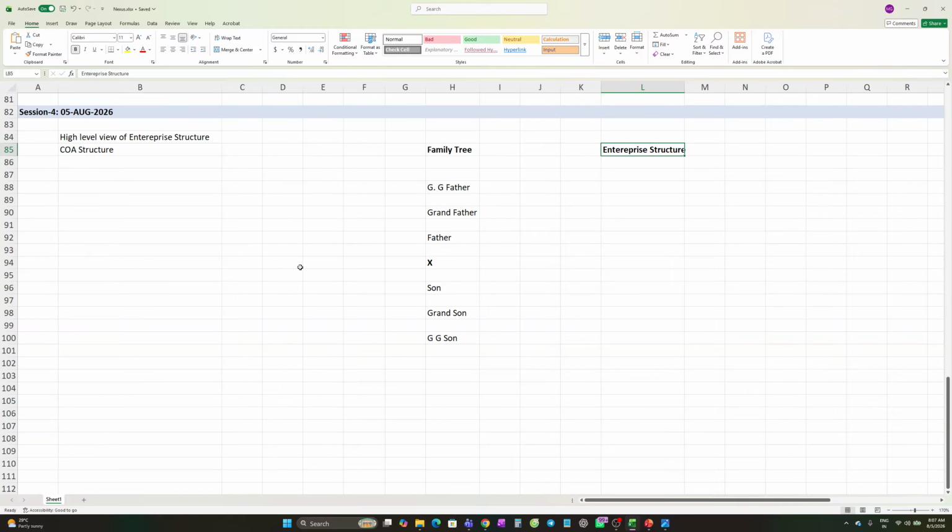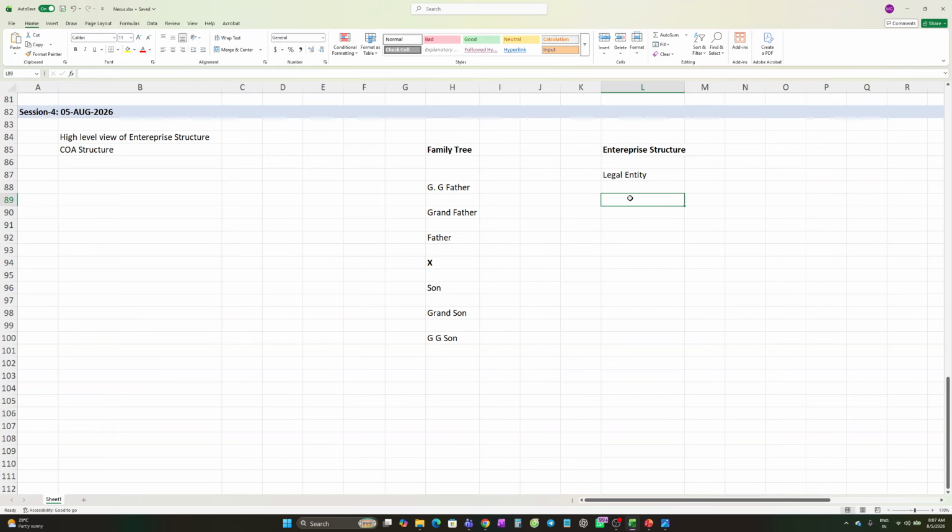In this enterprise structure, the legal entity is the top priority and top post.